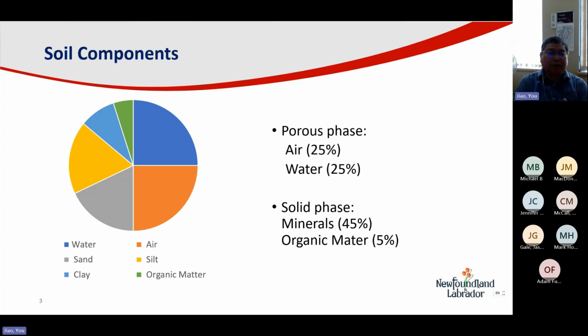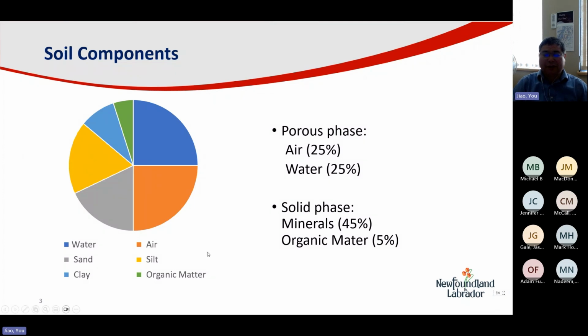The soil component. You may have gotten a sense of this concept in Sean's presentation. It is basically that soil is life. The soil has two phases, the porous phase and the solid phase. The soil needs air to breathe and water to transport the nutrients and supply them to the plant.